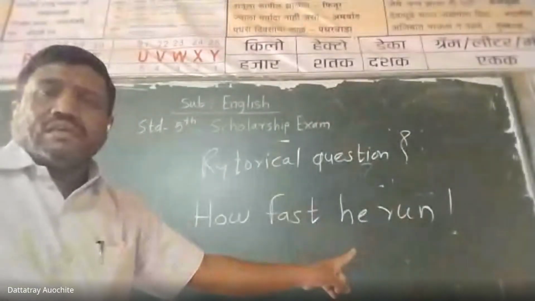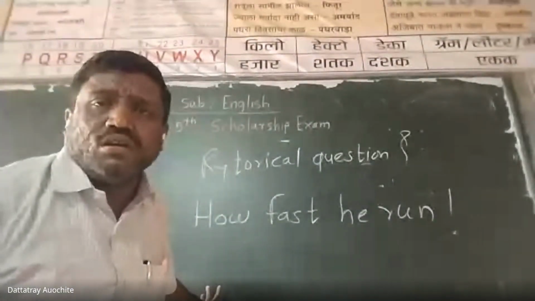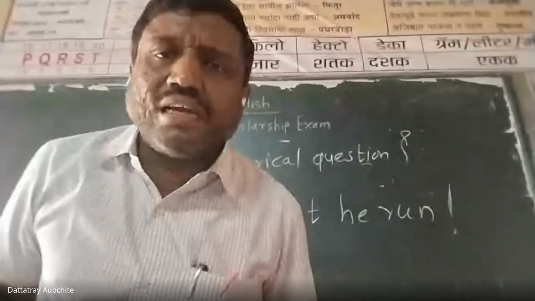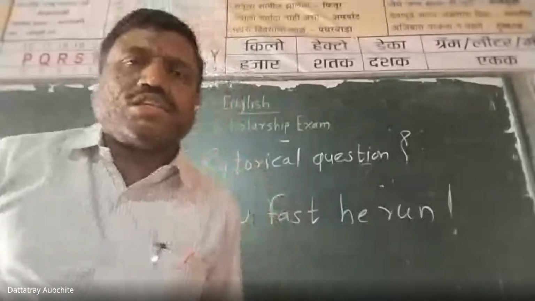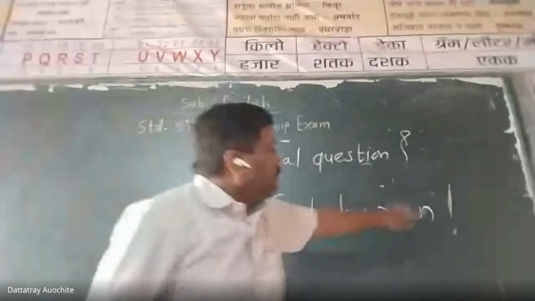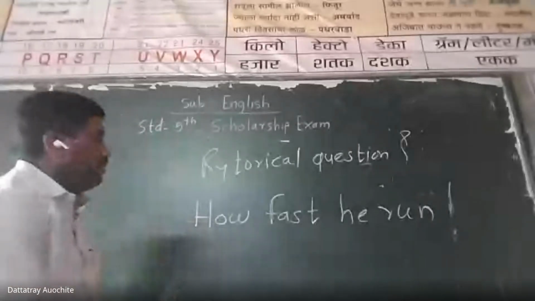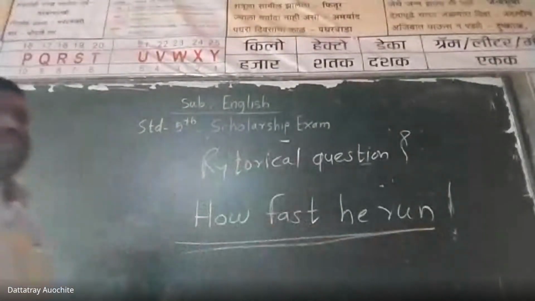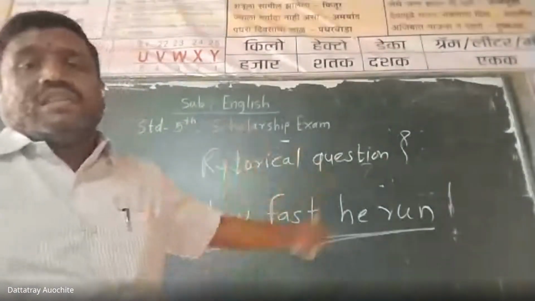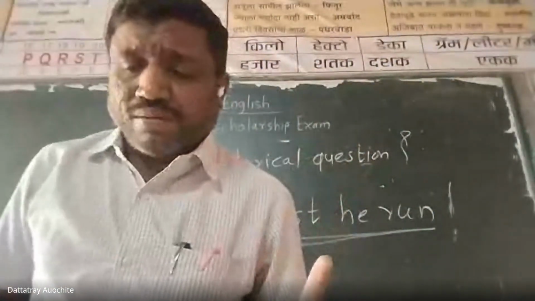Look at this sentence. In this sentence, no exclamatory word is used, and still at the end of the sentence we add an exclamation mark. Why do we use it? The answer is that whatever sentence is here before this mark is an exclamatory sentence. So if there is an exclamatory sentence, at the end of it we should add an exclamation mark, udgar vachak chinha.